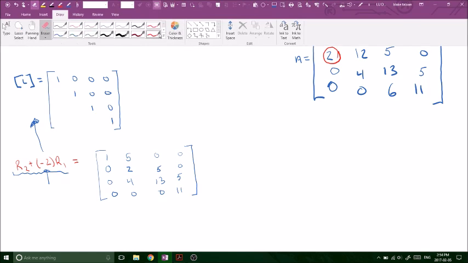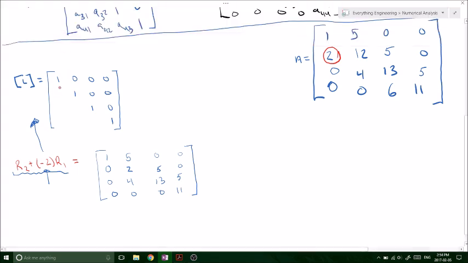Since we canceled out the first column, second row, we take the factor that we used to cancel out that value, and we put it in the same slot that we just got a 0. So the opposite of negative 2 is positive 2. So we put the positive 2 in the same slot where we used this factor to cancel out that value. And we do that for each value in our original matrix and plug in the opposite sign of that same factor.